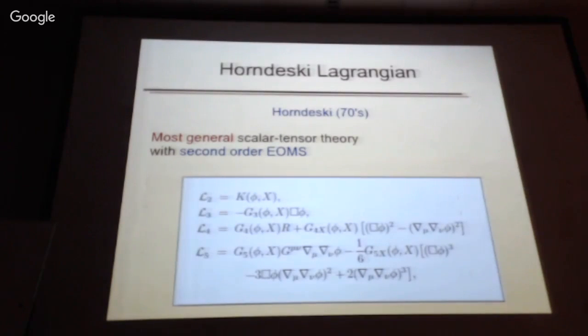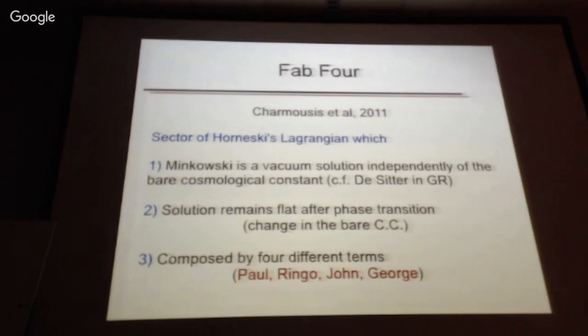In particular, for example, to solve the cosmological constant problem, this vacuum energy problem, there's a subsector called the FAB4, and it was developed by Charmousis et al. in 2011. The idea is that it's a sector in which, for example, Minkowski is always a solution in vacuum, even if you have a cosmological constant.